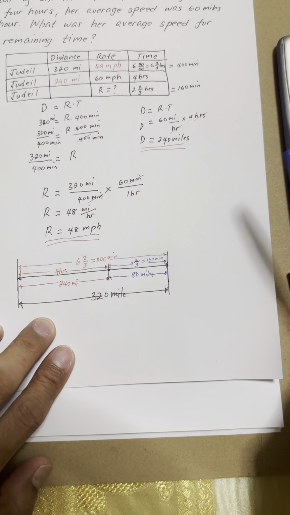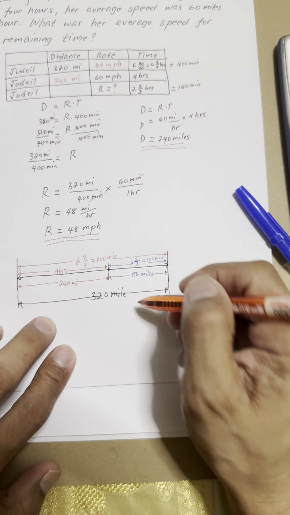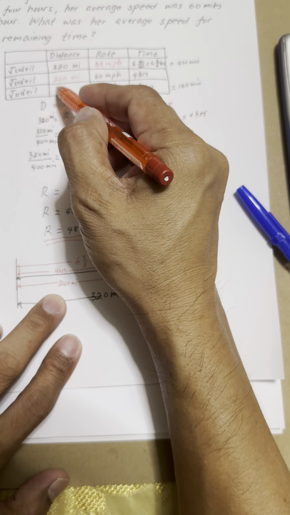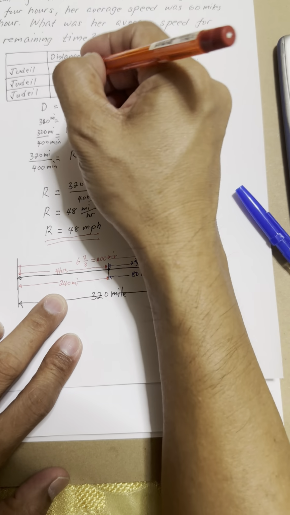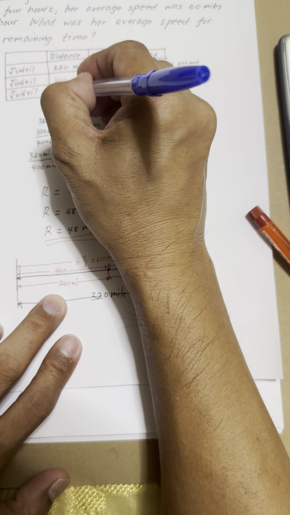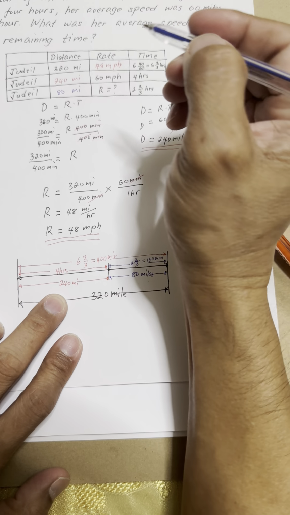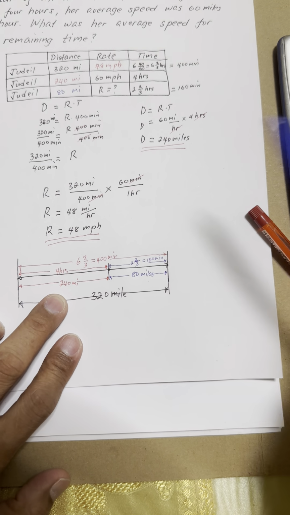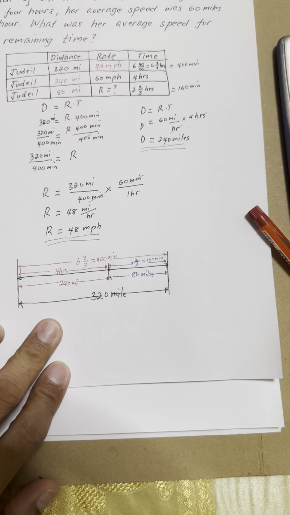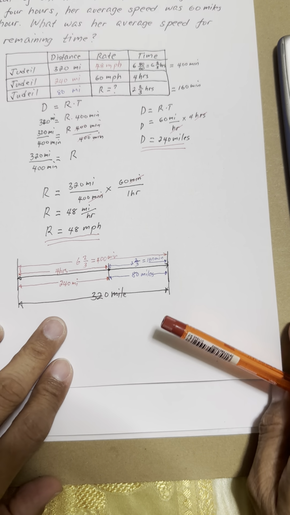Okay, so we can put this value here. So 320 minus 240, we get 80 miles. So the table, all the slots in the table were already filled up.